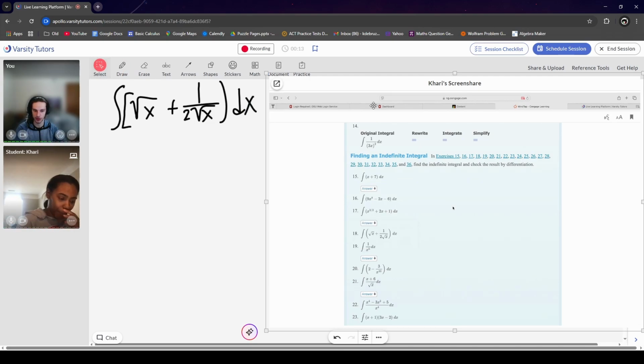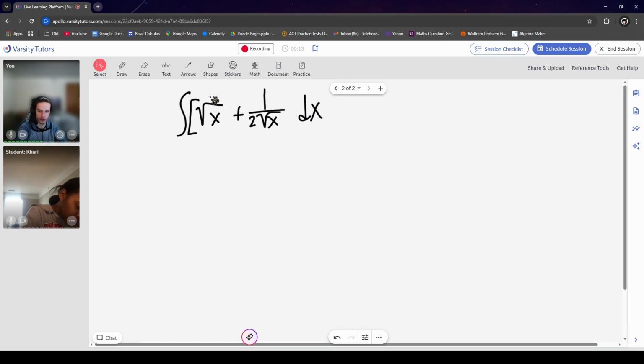Sure. So go ahead and stop sharing your screen. I've got the problem. So do you know what I believe is called the power rule for calculus? Yeah, it's the exponent times what's in the function times the derivative. Or am I thinking of something else? I think maybe what you're thinking of is the chain rule.